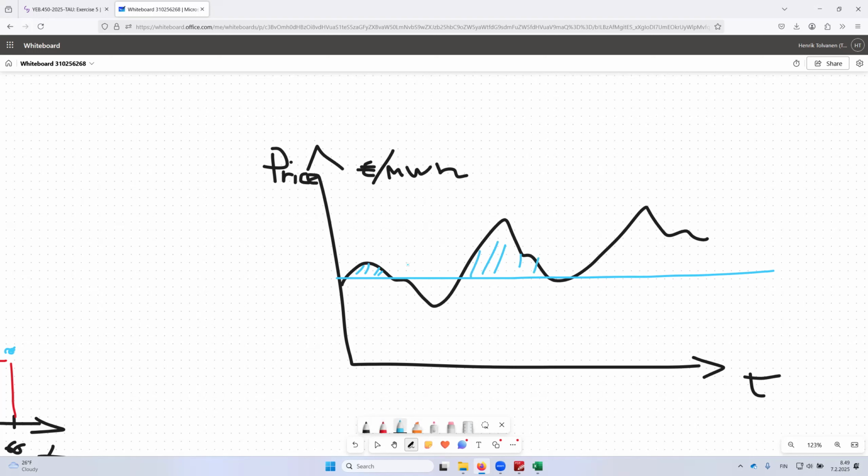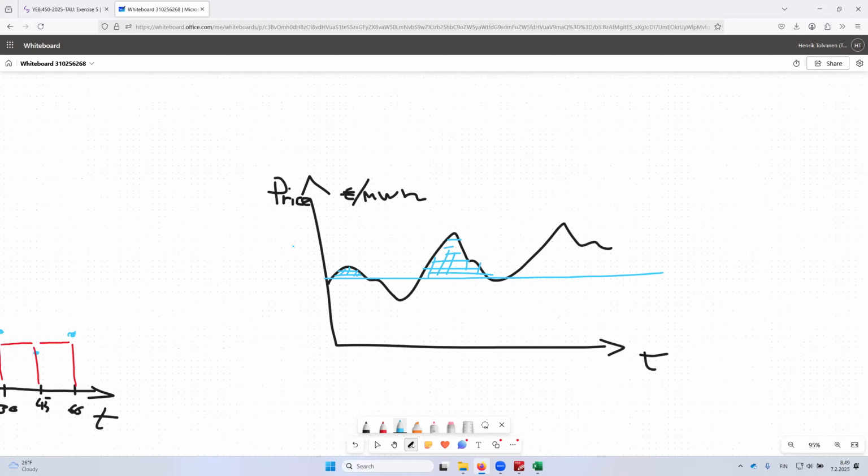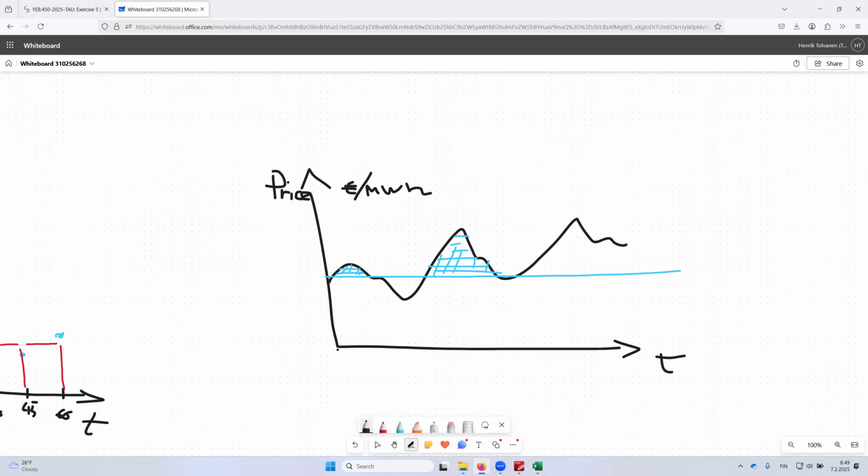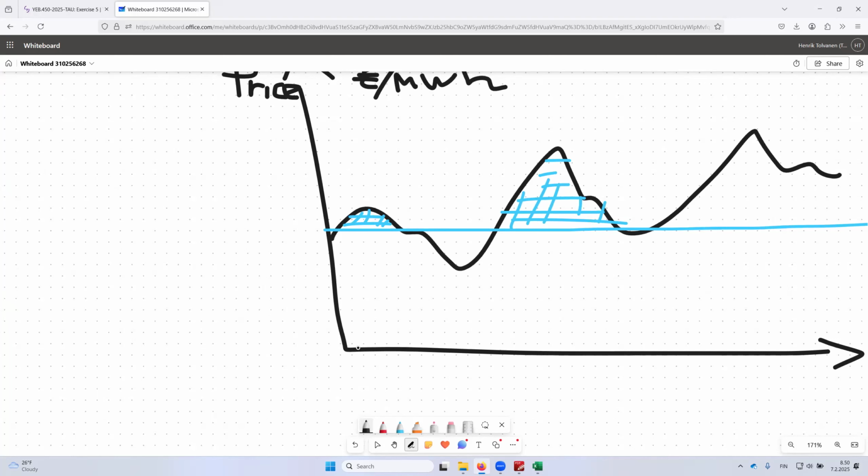This doesn't actually represent the area in here, anything that is above the price line. This isn't the energy. So we have to determine a battery size. And at each time step, you're going to have to check what your battery state of charge is here and here and here and so forth.